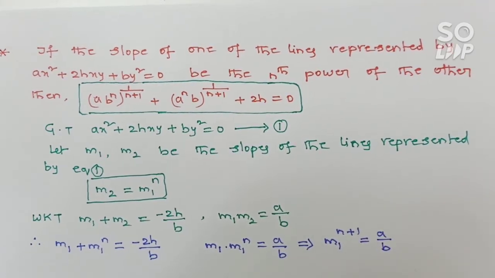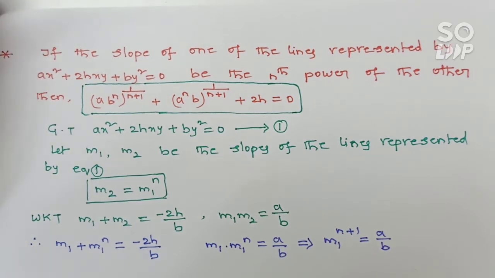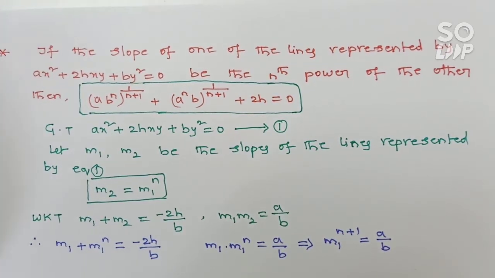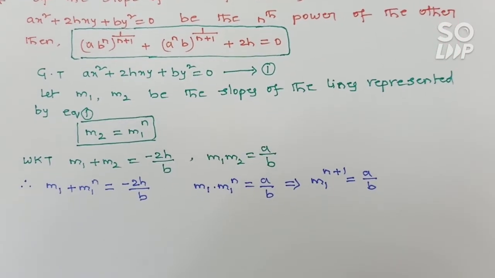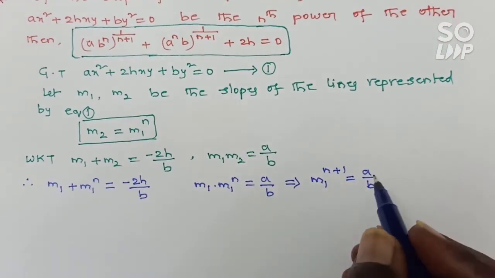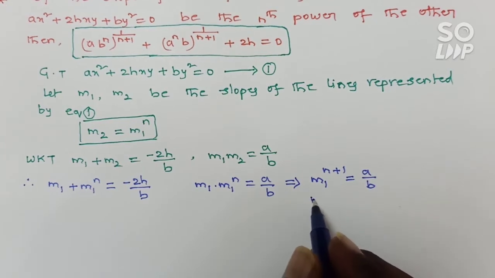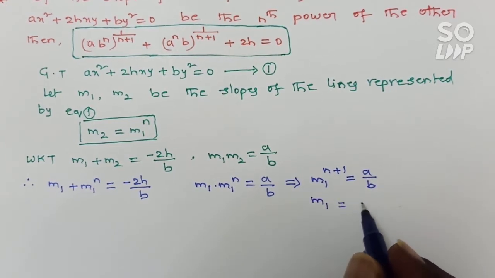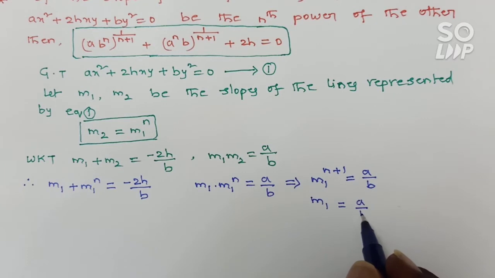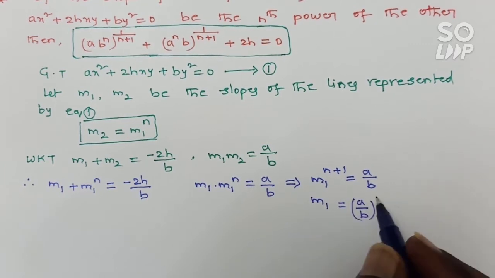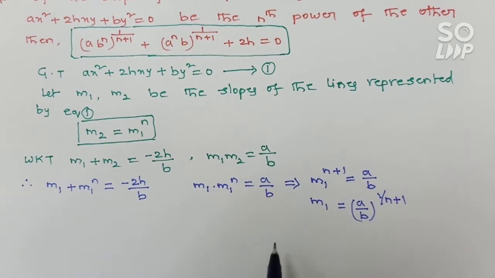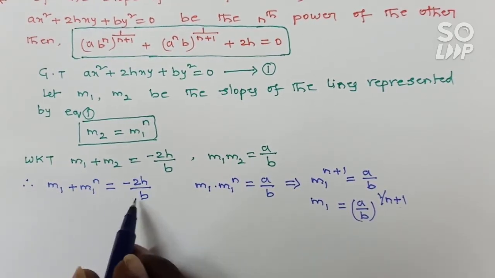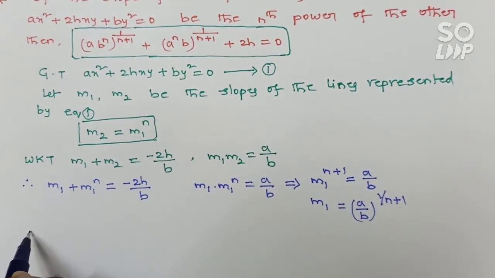So what is the m1 value? m1 equals a by b whole to the power of 1 by n plus 1. Now you substitute that m1 in the first result.